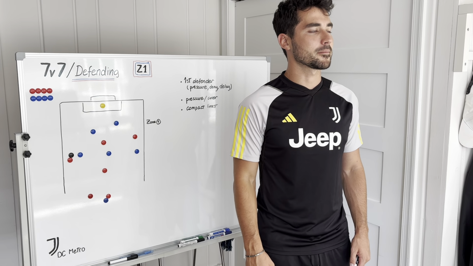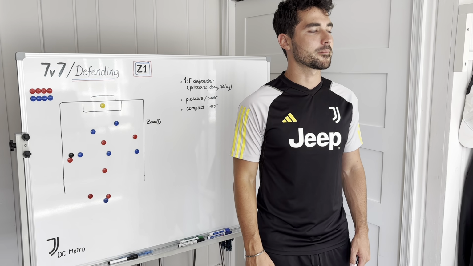After the role of the first defender, we have the concept of pressure and cover. As one player pressures, in zonal defending, we also want to establish a line of cover. So this is the player pressuring the ball. We want to shift in position and create a line of cover. Why is it called a line of cover?